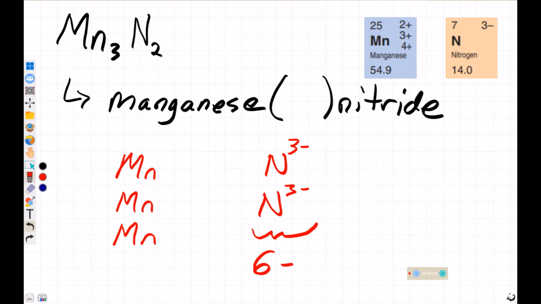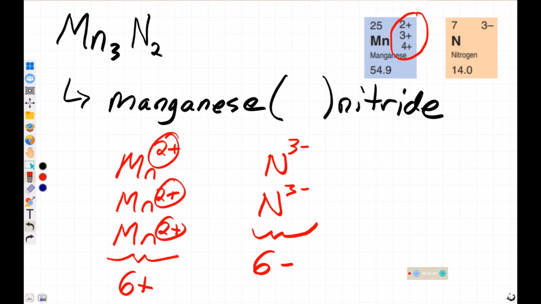So we have to figure out which of the 3 charges we need to use for manganese to get an overall positive charge of 6. And the only one that works for the 3 manganeses is if they were to have a 2+ charge. So yeah, 2, 4, 6. So we are working with manganese(II) nitride.